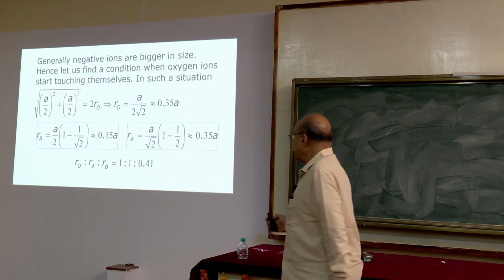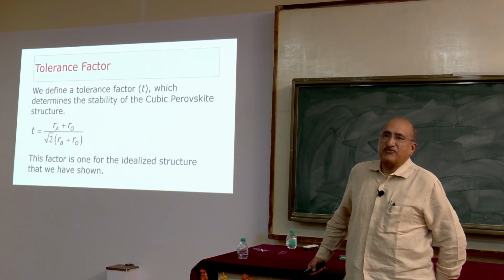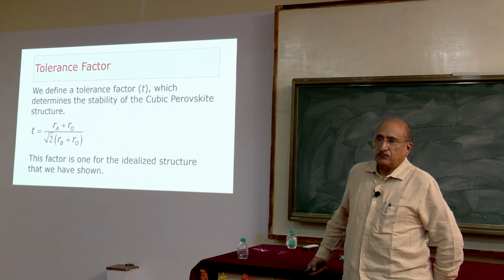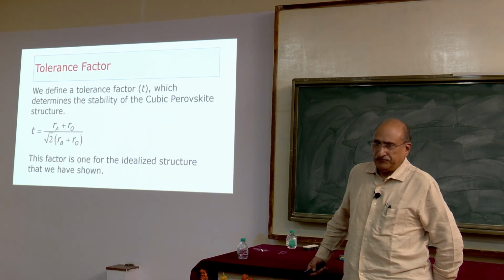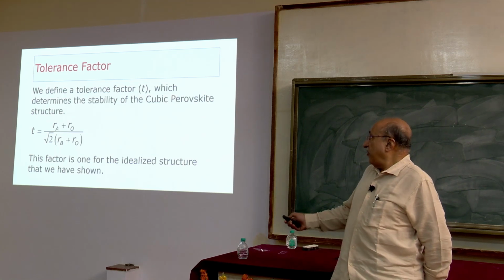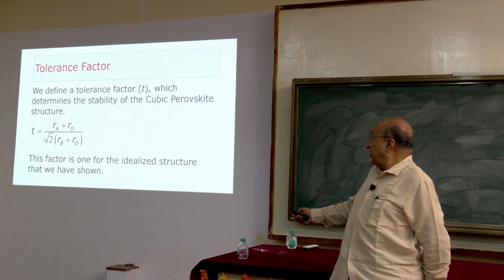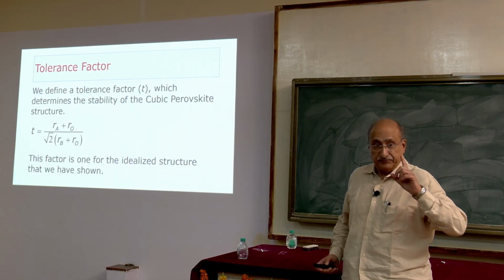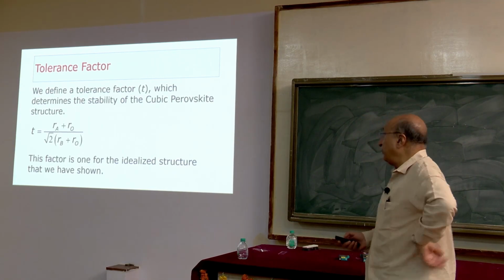Alright? We define what we call a tolerance factor. You pick up any textbook on solid state physics, you will get all these values of atomic radii. If Ra is the radius of A ion, and the radius of O ion, you have to take ionic radii. This is not atomic radii, because atomic radii will be different.